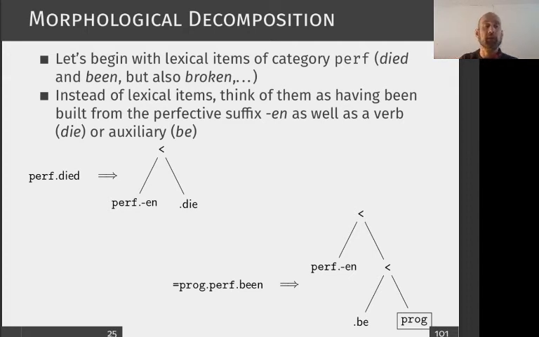Okay. So here, the head of that tree is the lexical item en, the perfective en, and its feature in this tree is just perf. Its sister has no more features, but its name is die.